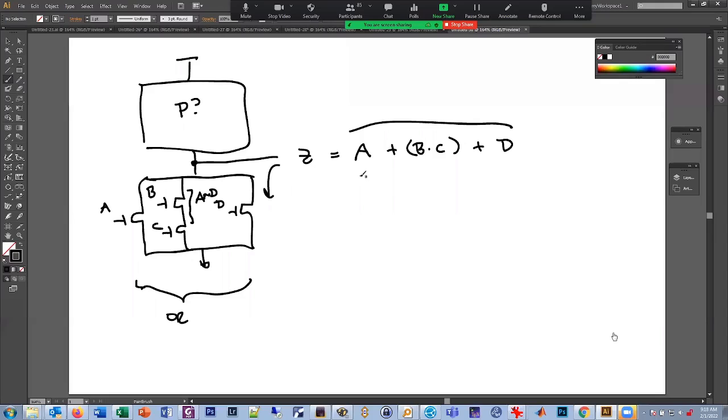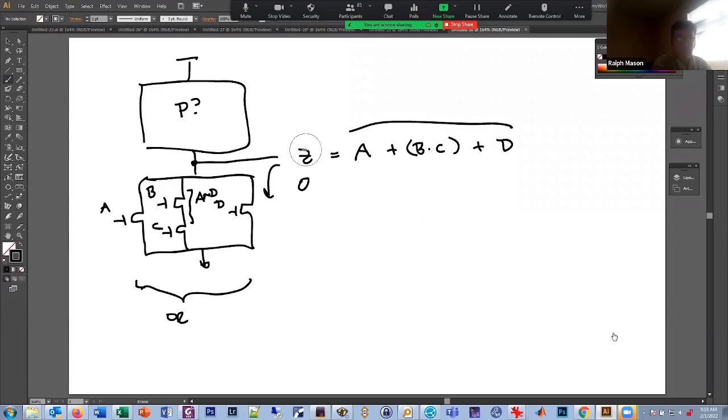Because I said if A is true, or B and C are true, or D is true, if any one of these three paths is on, the output goes to 0, right? So it's like zero equals A or B and C or D, right?